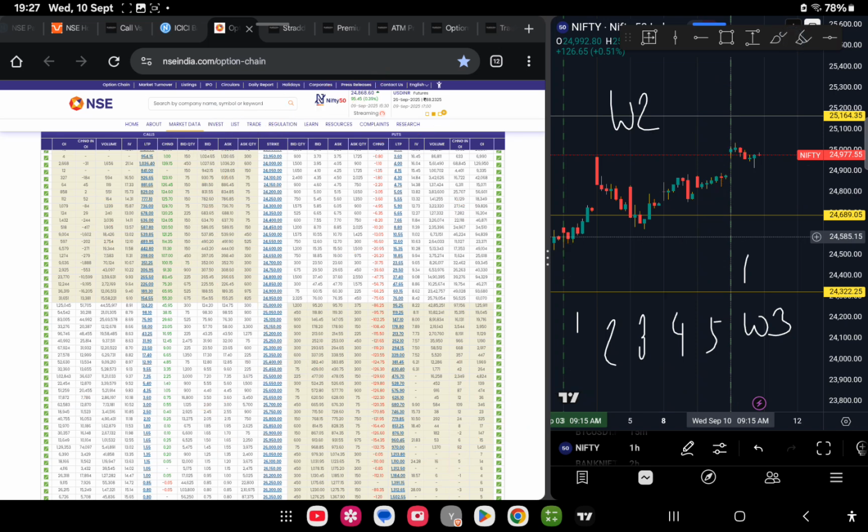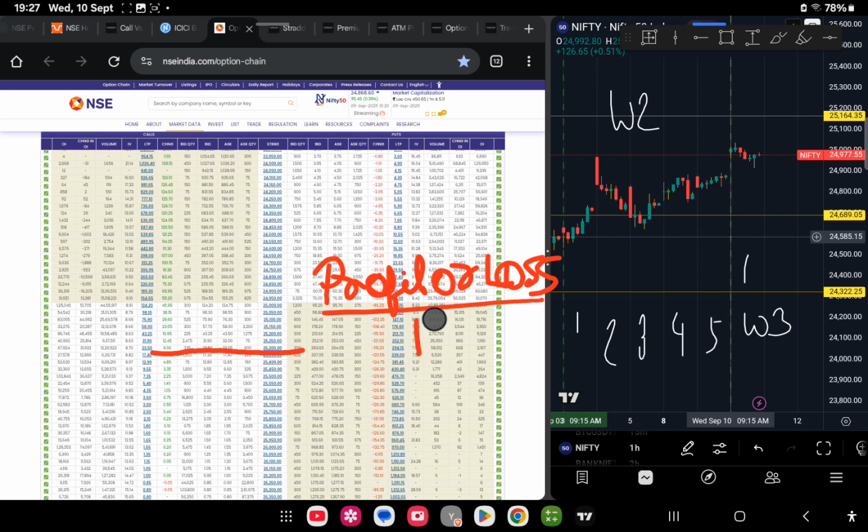Now let's take a small calculation for any strike. Let me take the negative calculation. I'm going to take the 25,300 call writing, and let's calculate the profit or loss, that is simply PNL. So 9 points is the negative decay times 1 lot size for Nifty, which is 75.